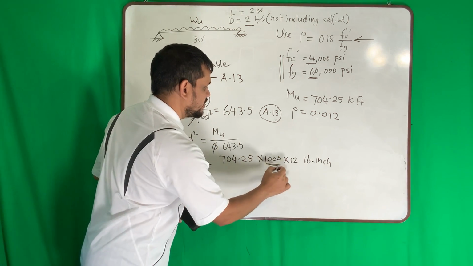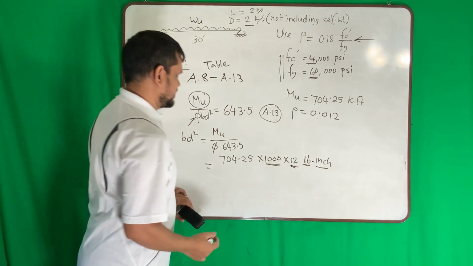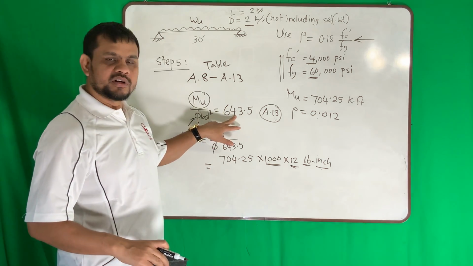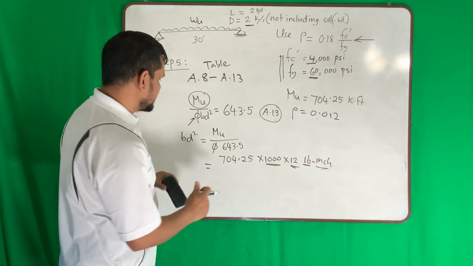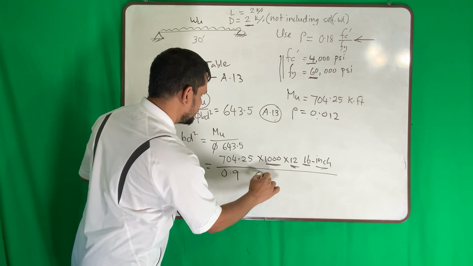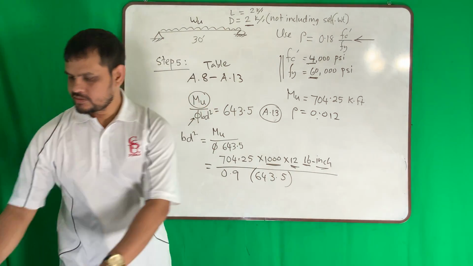Why 1000? To make it pound. Why 12? To make it inch. This is critical because this value you got from the table is based on pound inch unit. So divided by phi, which is 0.9, and by 463.5.